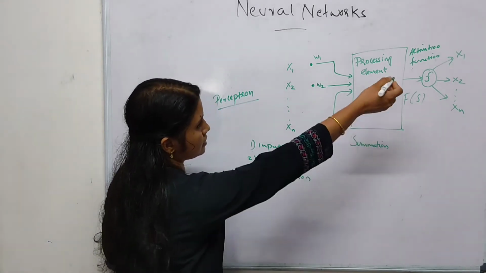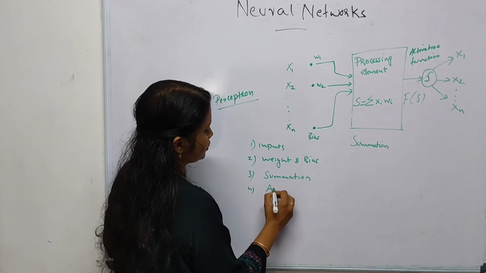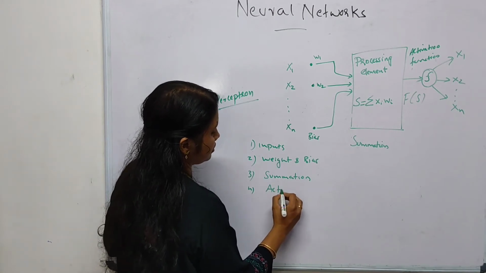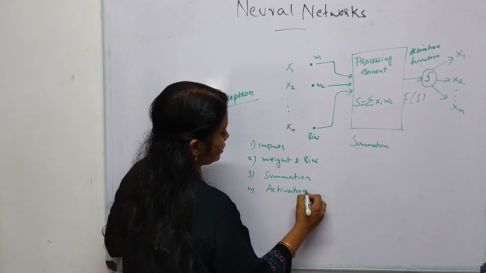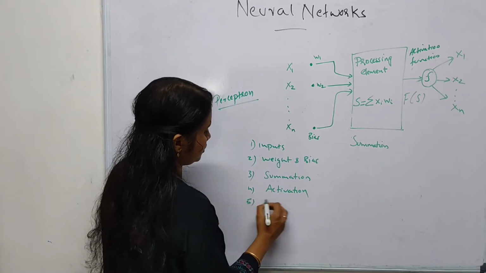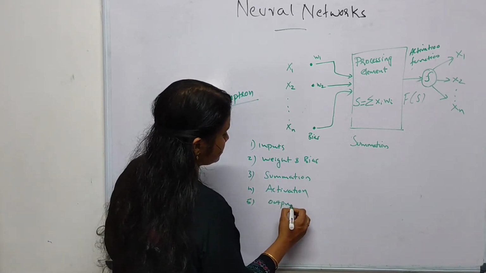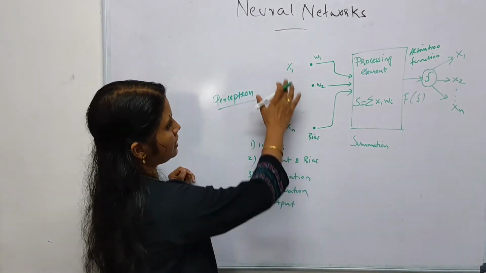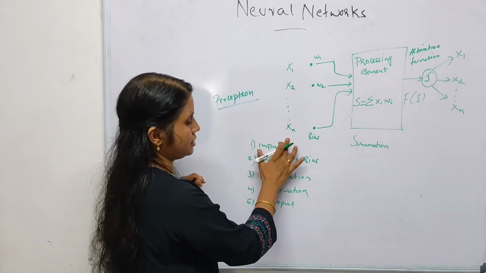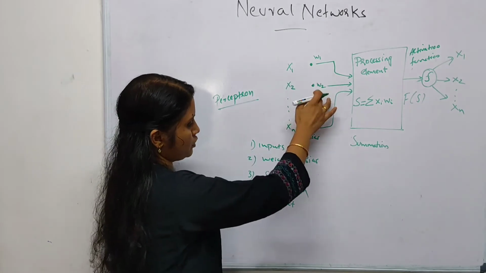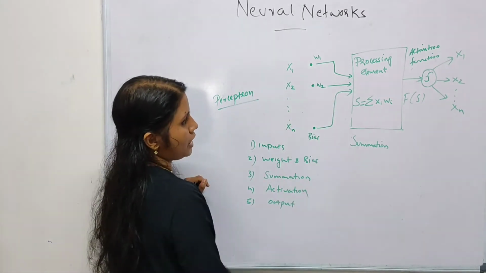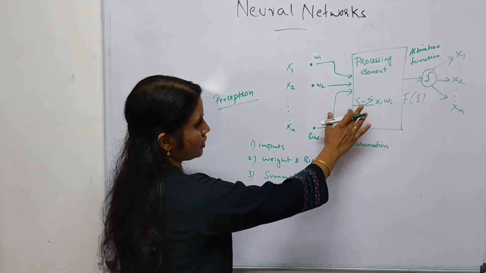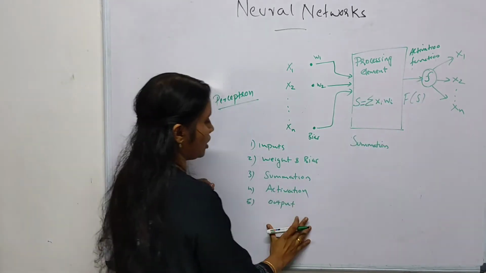Next is the activation function, and last is the output. These are the things you see in this diagram. Input is given, that is x1, x2, up to xn. Then weights w1, w2 along with bias, then the summation function, then the activation function, then output.